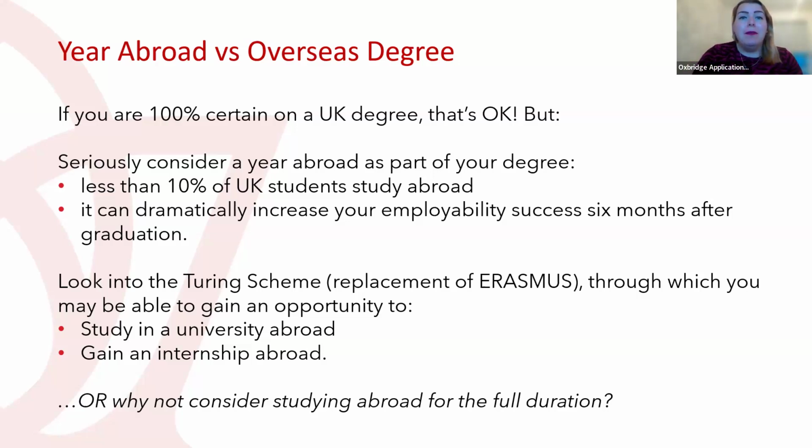Now, some programs in top selective universities, like places like Imperial, Bath, Bristol, might have programs that automatically include a year abroad. And during that year abroad, you could study abroad, you could work abroad in an internship, or teach abroad in a secondary school or primary school.